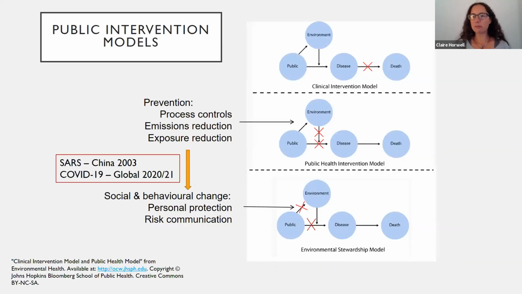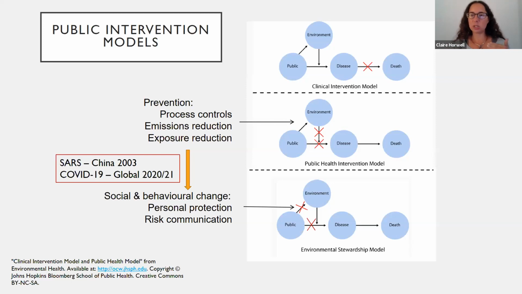There are several different models that are used to kind of intervene to stop people being exposed or to get ill or dying from different kinds of hazards. These are called public intervention models. And in the case of environmental models, there are 4 components. There's the public themselves and the disease that they will get and the fact that they will die.